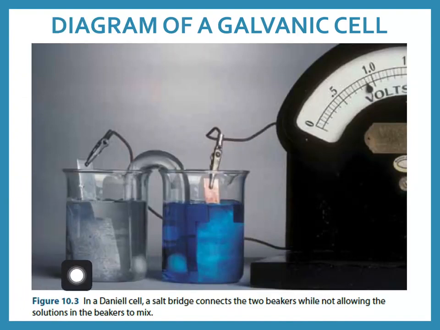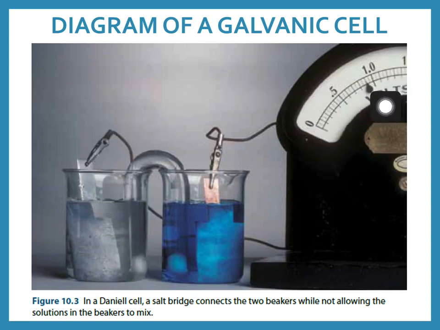So here I have 2 separate beakers. I have copper sulfate in here and a copper strip. This is called an electrode. And then there's a zinc strip, also called an electrode, in a solution of zinc sulfate. Both of these are attached to wires, and then there is a voltmeter.